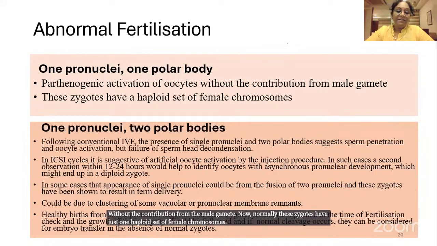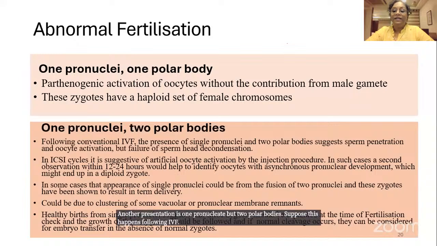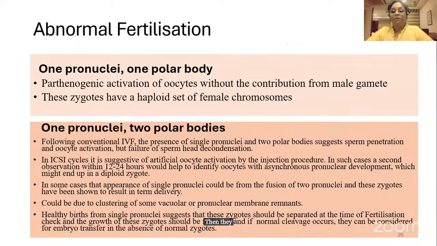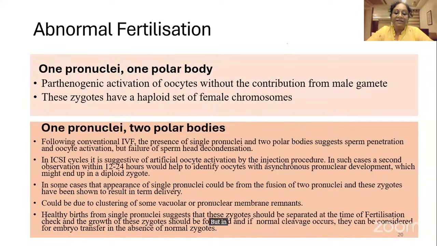Another presentation is one pronucleus but two polar bodies. Suppose this happens following IVF, then this suggests that sperm penetration and oocyte activation have happened, but there is failure of sperm head decondensation. But in ICSI cycles, it is suggested that oocyte activation has happened by the injection procedure.